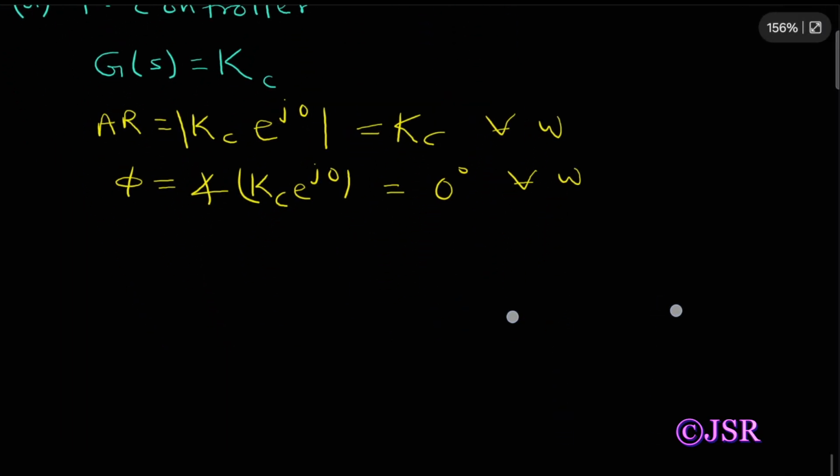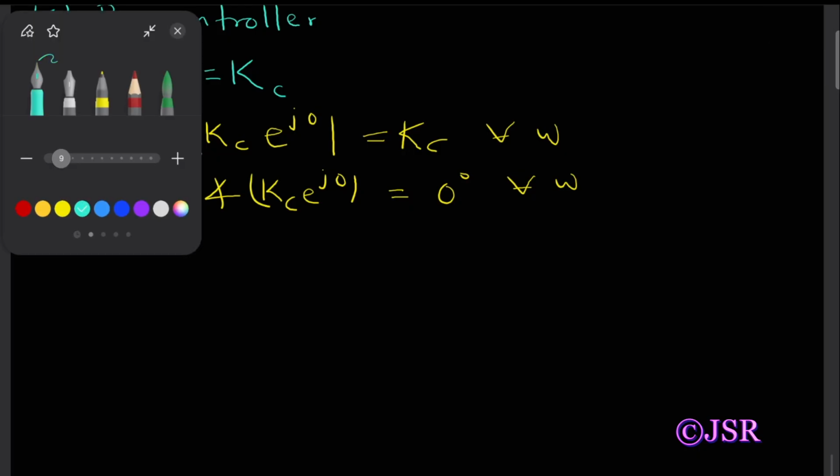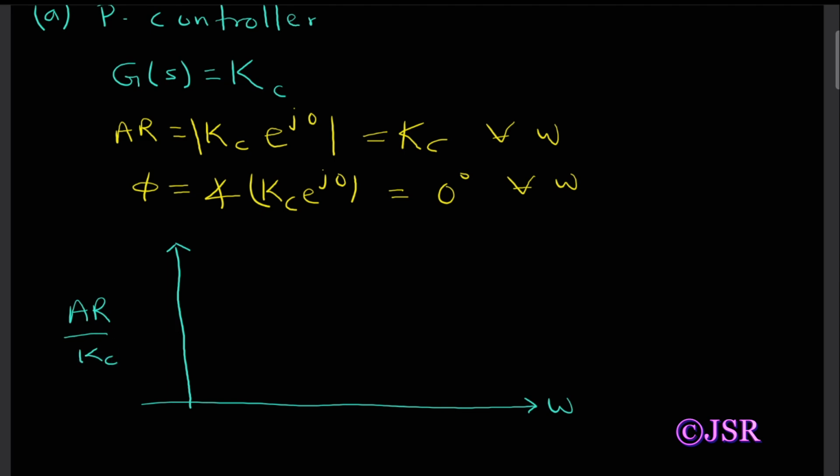Therefore the phase plot and gain plot will be like this. So we will have omega here and amplitude ratio here, so AR by Kc.